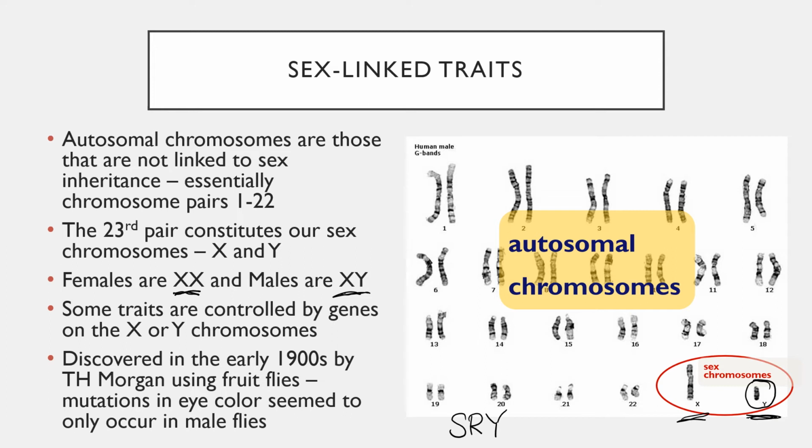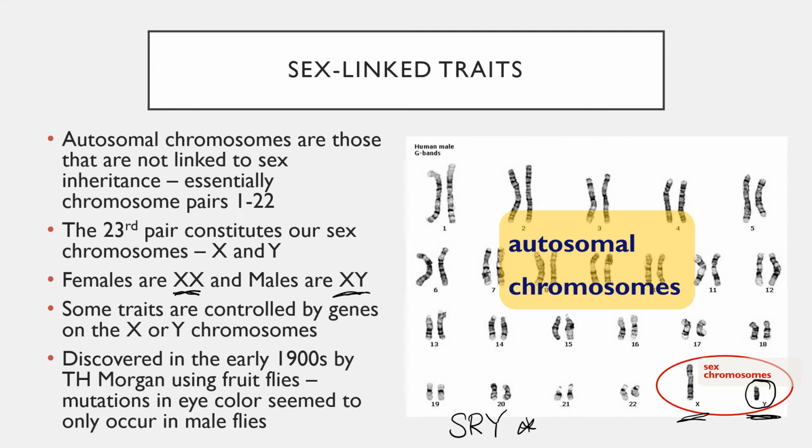The Y chromosome doesn't really have many other traits associated with it aside from that SRY one. So all of the traits on the Y chromosome are going to be related to maleness. Now, these sex chromosomes were discovered in the early 1900s by T.H. Morgan. He was kind of one of the pioneers of genetic research in the modern age.